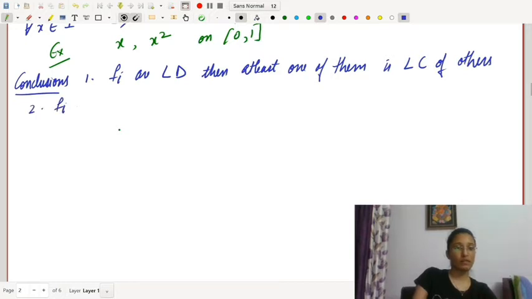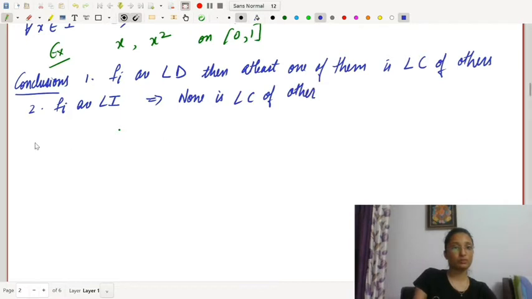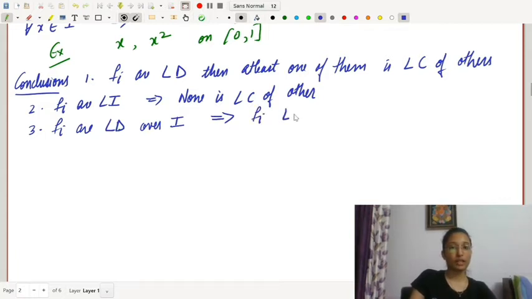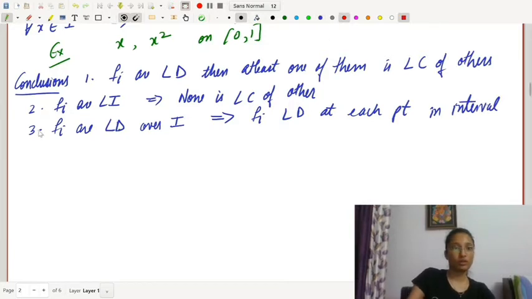Second, if fi are linearly independent, then none of the functions is a linear combination of other functions. Third, if fi are linearly dependent over an interval I, then it implies that fi are linearly dependent at each point in the interval. It is an important point. In fact, the fourth is also a very important point.